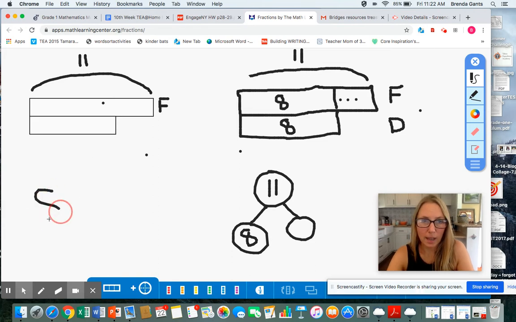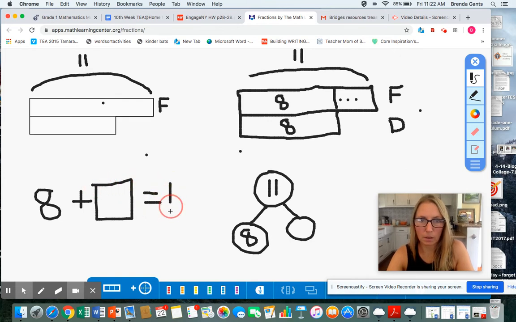So we had 8, which was Darnell's, plus something that we solved, right? Equaled, or was equal to 11. So pretty much that was like Darnell's plus some gave us the same amount that Fran donated.